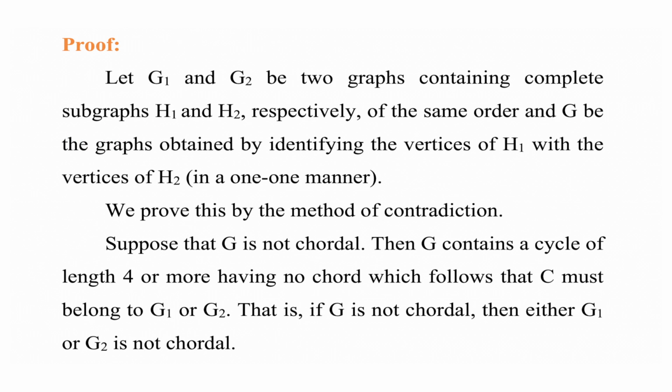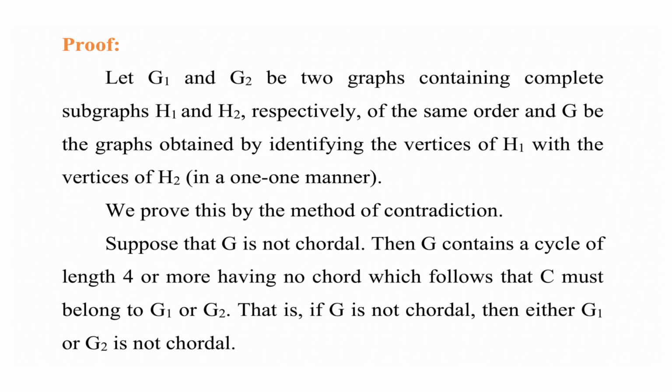Let G1 and G2 be two graphs containing complete subgraphs H1 and H2 respectively of the same order, and G be the graph obtained by identifying the vertices of H1 with the vertices of H2 in a one-to-one manner. We prove this by the method of contradiction, as we did in the previous theorem.